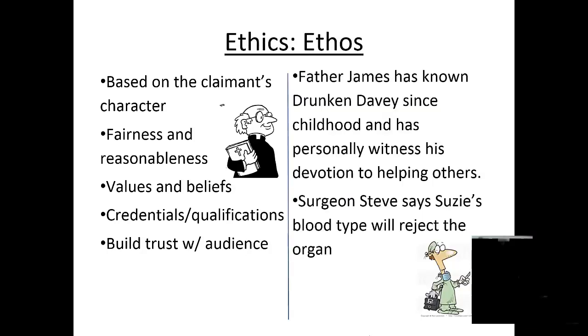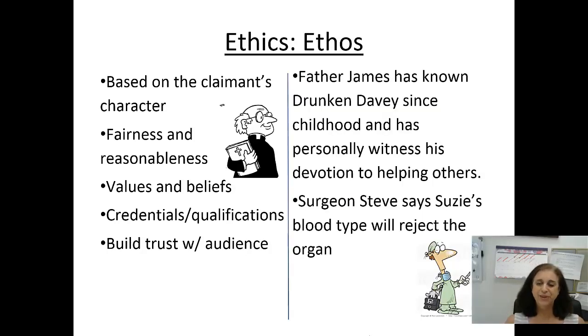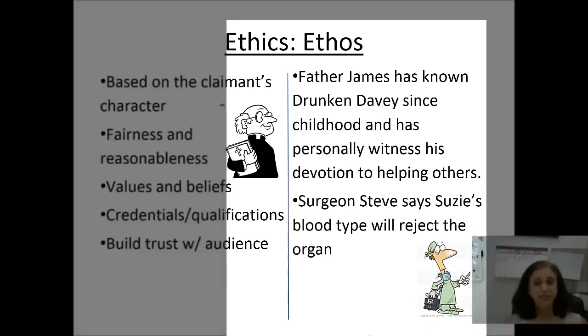We're going to go back to the example of drunken Davy and sweet 16 Susie. Let's take 2 people that are presenting evidence. The first is Father James. He's a religious figure. He's known drunken Davy since childhood. And Father James has personally witnessed drunken Davy's devotion to helping others.